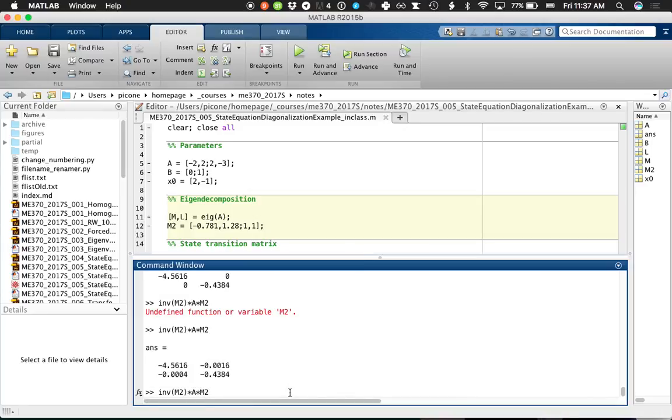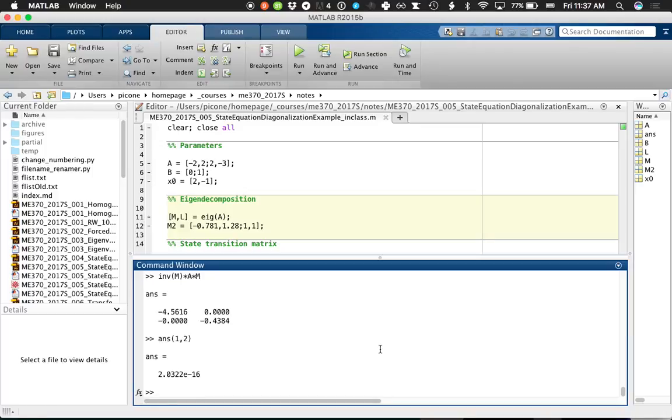If we use theirs, they didn't do any rounding, so if we use their m, it should be real tight. Yeah, it's 2 times 10 to the negative 16, so it's super small. But even they have some machine precision that you can't do anything about.